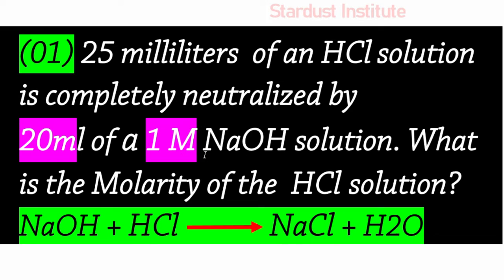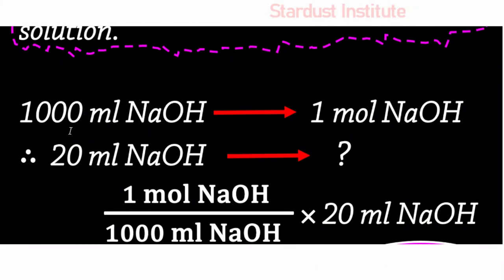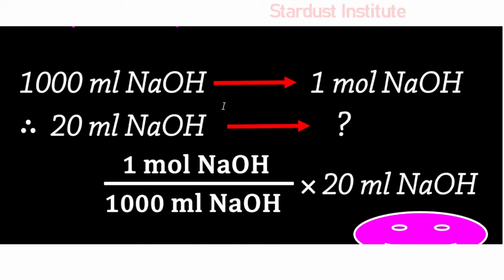Now we need to find in 20 milliliters of this sodium hydroxide solution, how many moles of sodium hydroxide are there? In 1000 milliliters there is 1 mole.